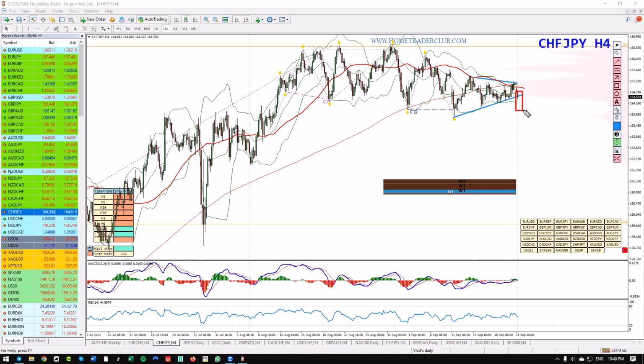And then any pullback is a good sign, sorry, not a good zone, a good sign for anticipated further bearish continuation towards the mentioned zone. Invalidation would be here, above the most recent high before the breakout will happen.